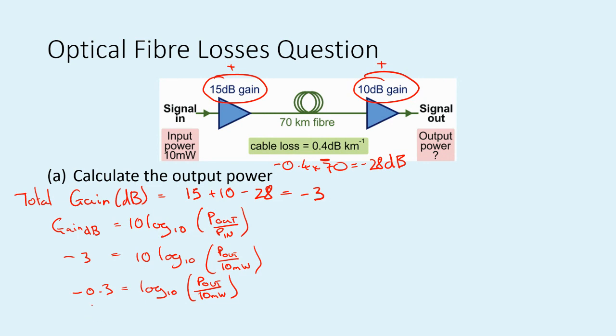So we can now say that 10 to the power of minus 0.3 is equal to the power out over the 10 milliwatts. So you're just rewriting it and switching them over. Then multiplying by the 10 milliwatts.